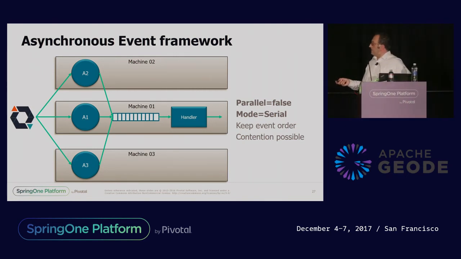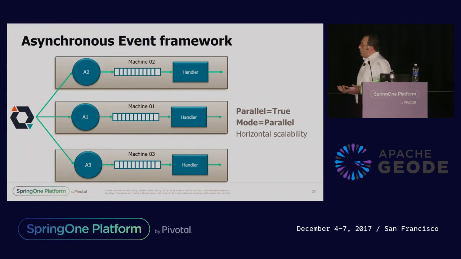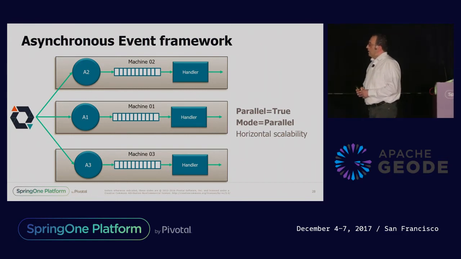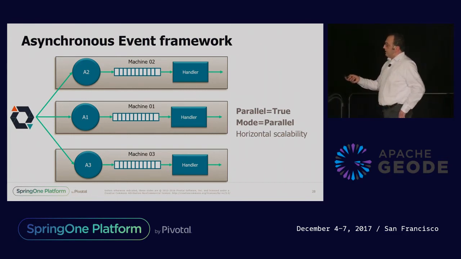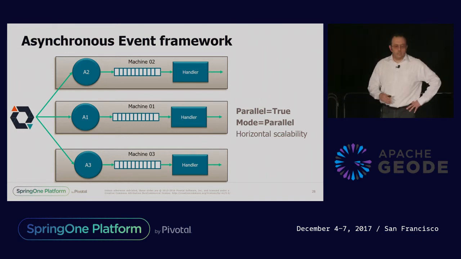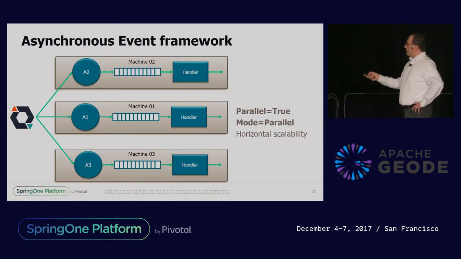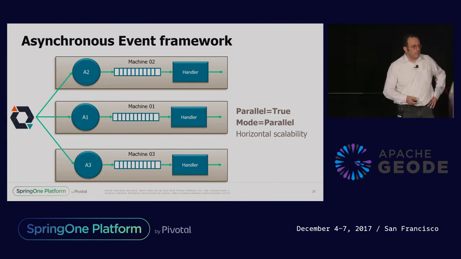Of course, you understand that it's possible to create a congestion point. When you work in a parallel mode, for each instance, Geode creates a queue and a handler. And in this parallel mode, we can get horizontal scalability since you create more resources for processing your step.